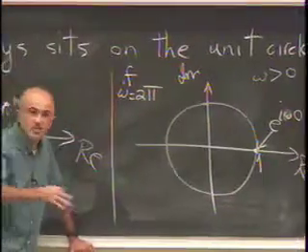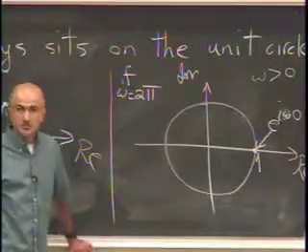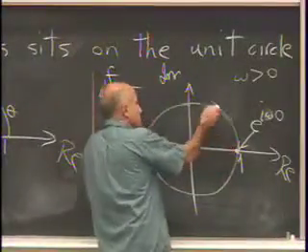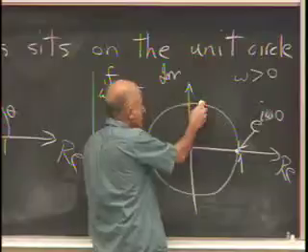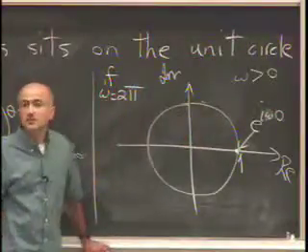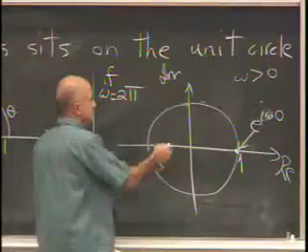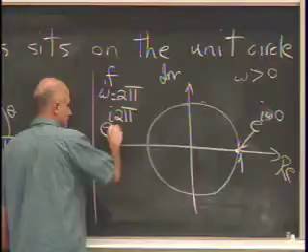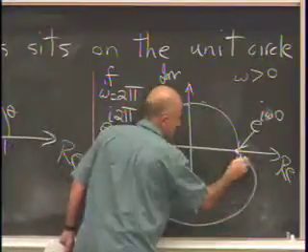And time now starts going forward. Okay? Which way does the particle move? This way. At t equals 1, where is it going to be? It's going to be at e to the I 2 pi, which is back where it was.